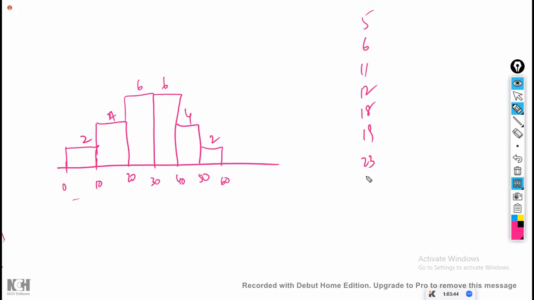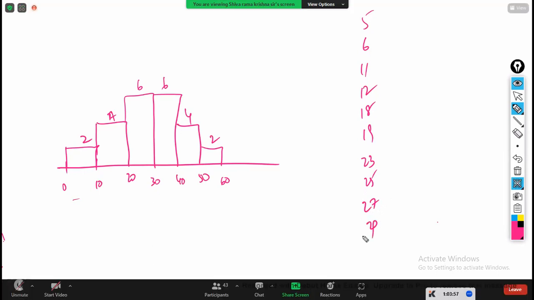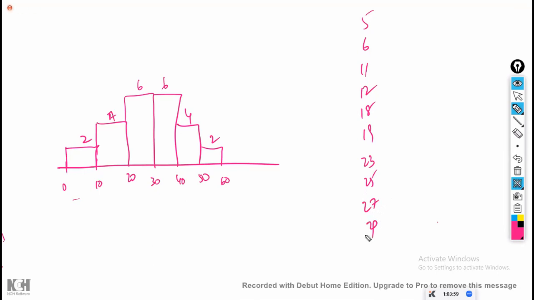23, 25, in order. Let us make ordered data because the median will be calculated, right? We have to calculate the median also. 27, right? And still two values between 20 to 30 only. 21, 28, right?